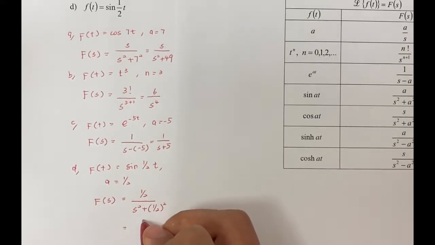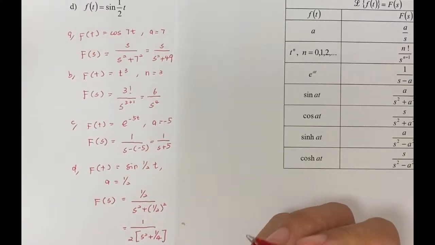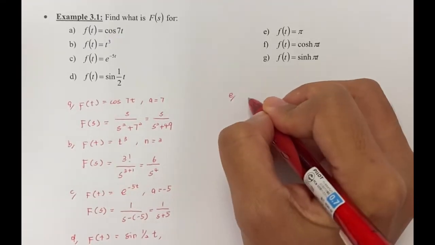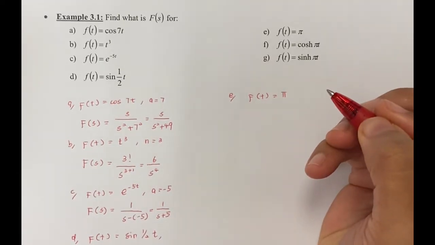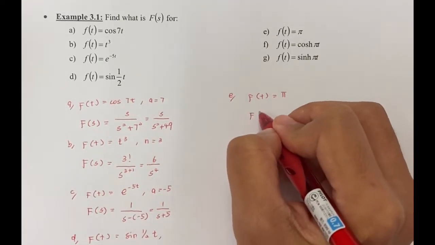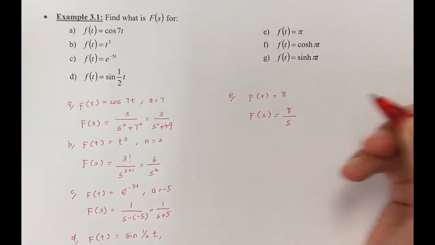So this is equal to 1 over 2 times s square plus 1 over 4. And for e, f(t) is equal to pi. Pi is a constant. So F(s) for a constant is equal to pi over s.